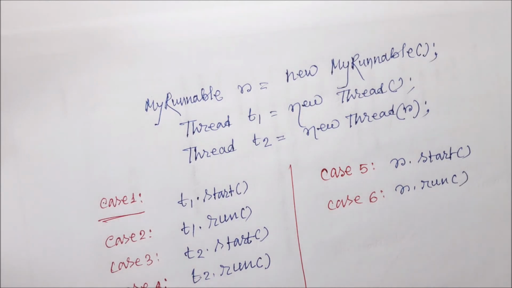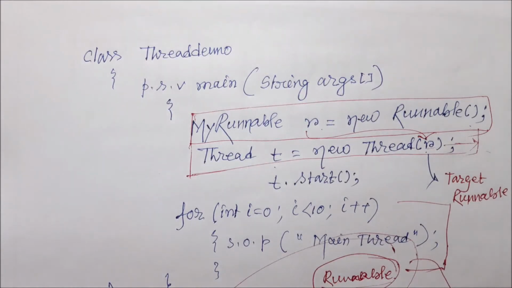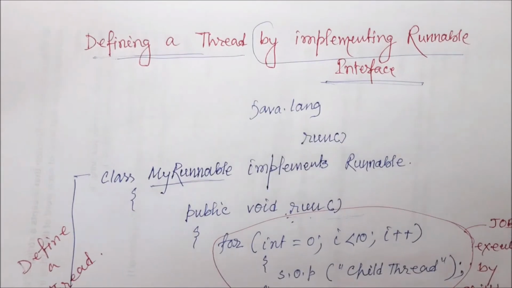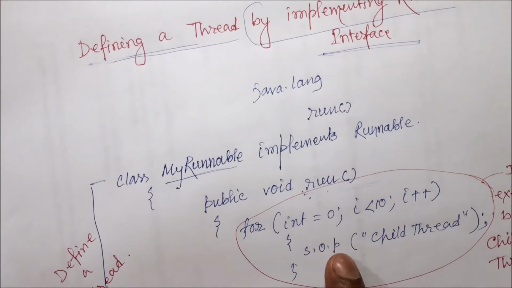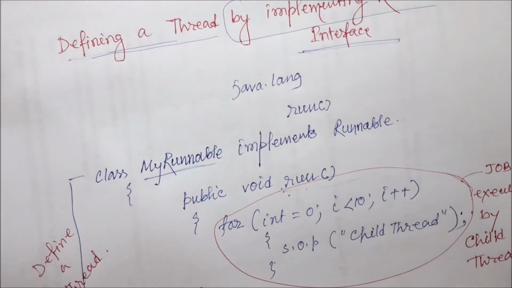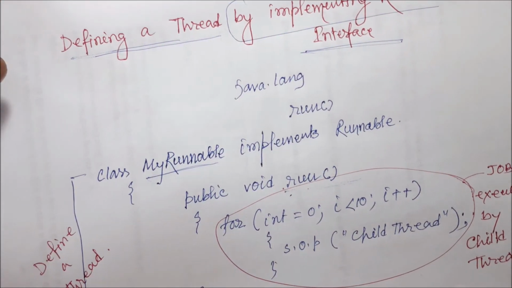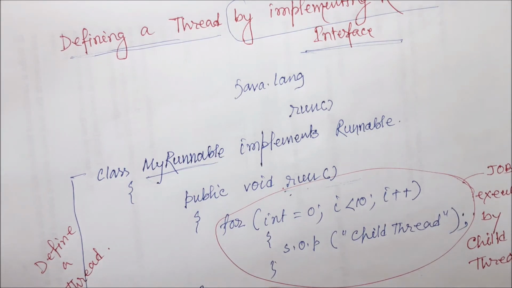So from this example, if I want to implement defining a thread by implementing the Runnable interface, there are 6 cases that may arise, and we will explain them one by one in detail.